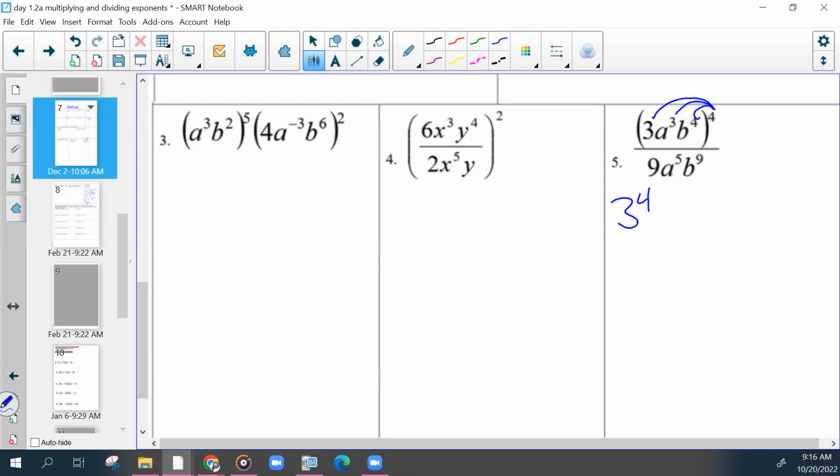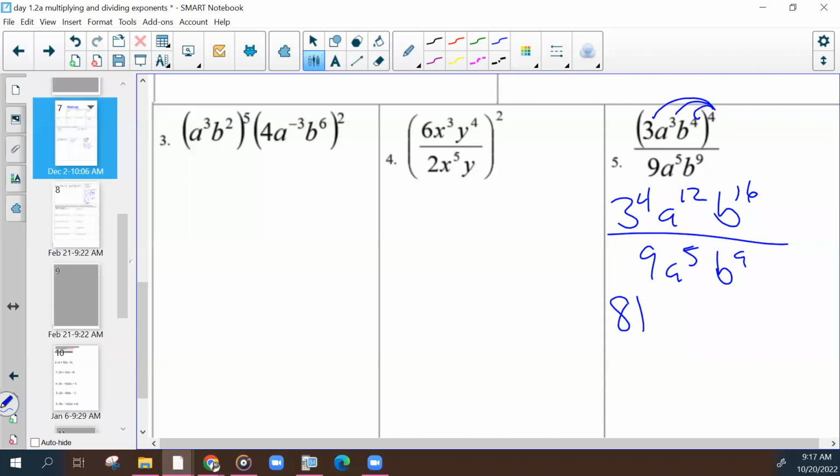We have 3 to the 4, a to the 12, b to the 16, over 9, a to the 5th, b to the 8. Then what? Subtract the exponents. You can also figure out what 3 to the 4th is, which from earlier was 81.